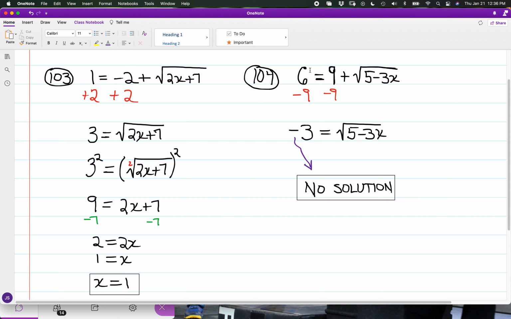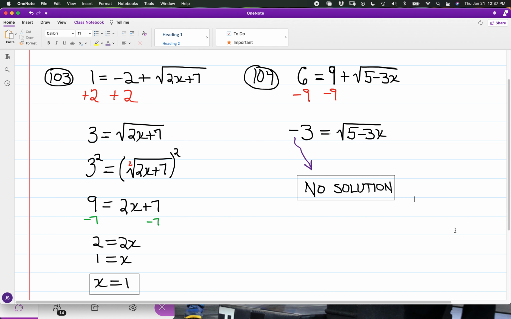All right. Now, for what we have in regard to number 105, here we have the variable we're looking at solving for show up twice.